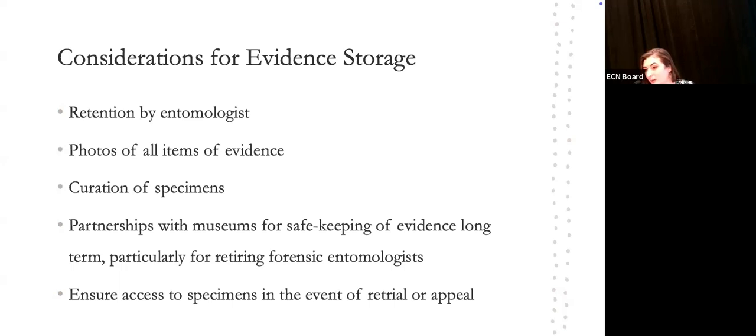And if we have a partnership with museums that are willing to let us house some of this evidence in the long term, particularly for forensic entomologists that are retiring, so that this evidence is not being lost and that we can still use this in the future for cases.